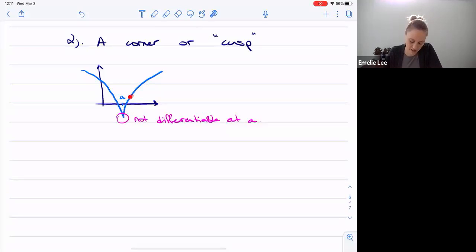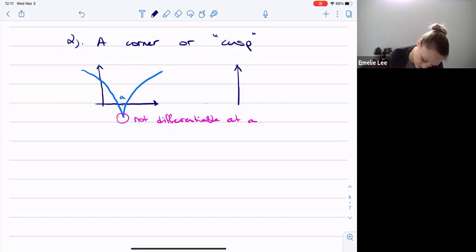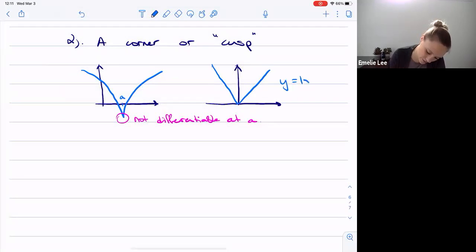So here we've got this kind of cusp, or for the absolute value of x, same idea. Here at the origin, y equals the absolute value of x.